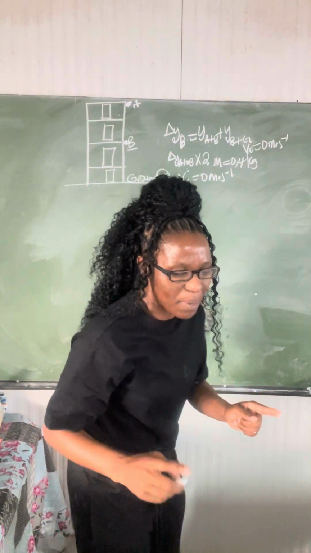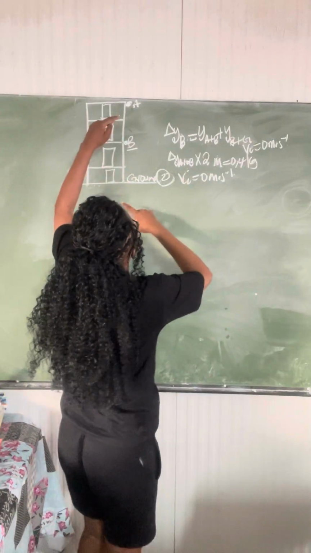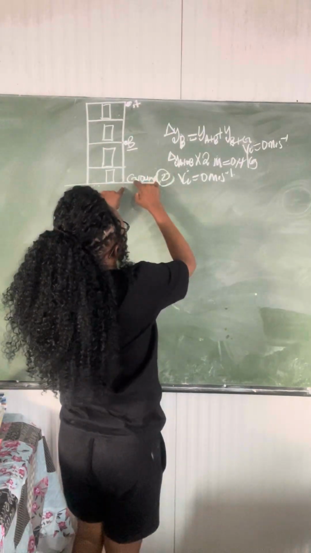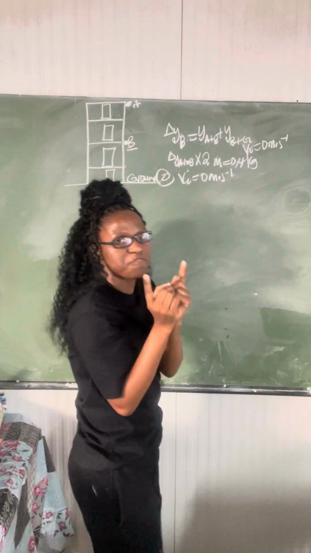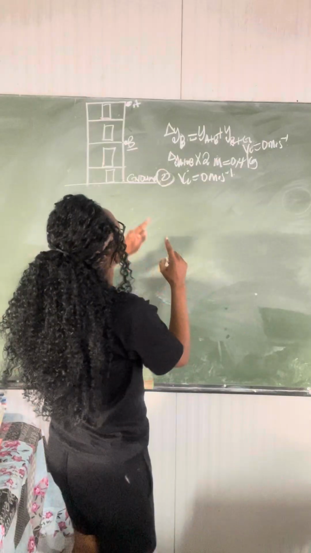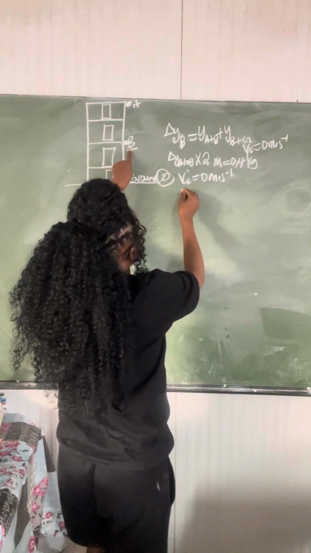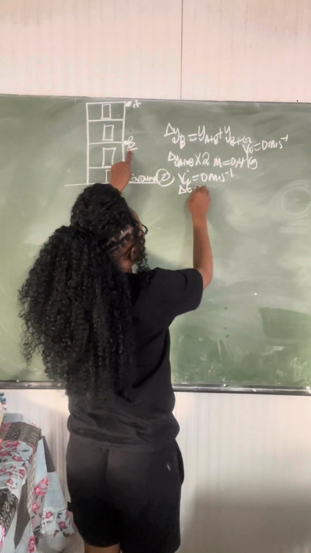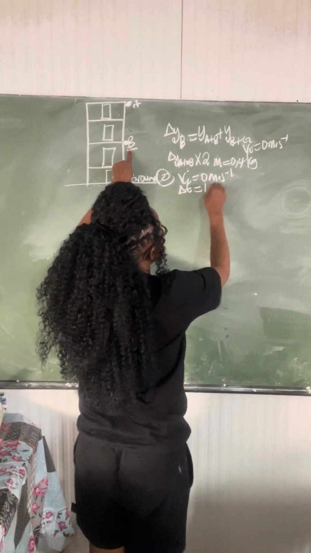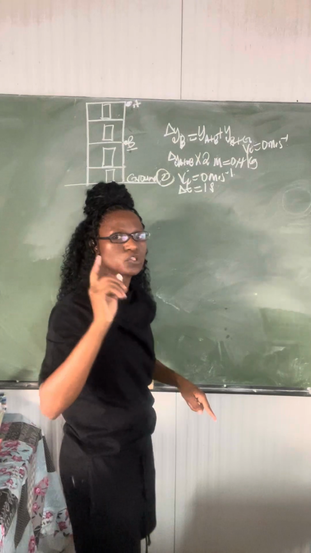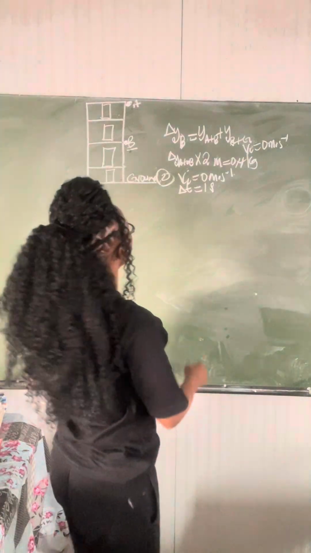Basically, they are looking for the height from A to the ground. So my point of focus in answering this one, I'll start by focusing on point A and B. The next thing that I know between point A and B is delta T, which is 1 second, given in the statement.